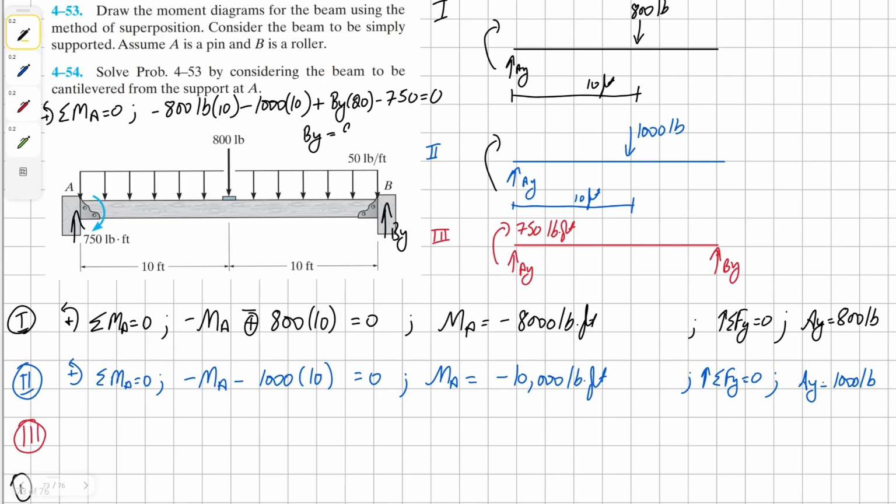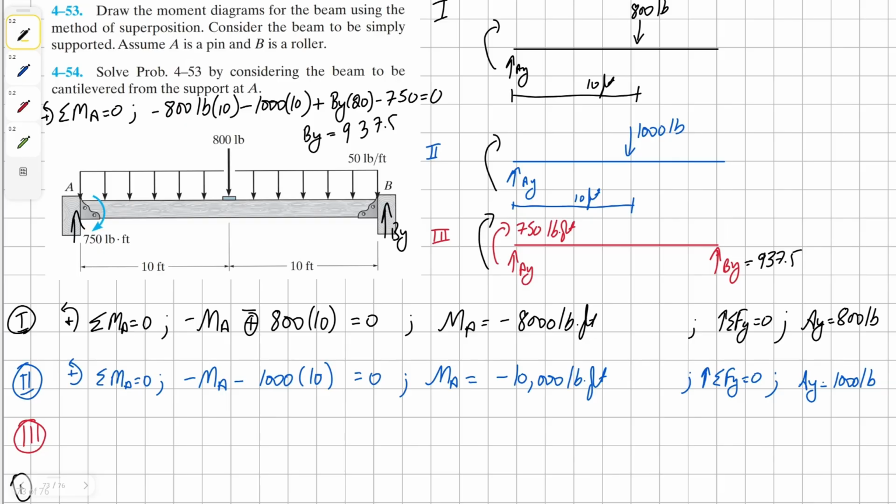And plus, or take away, our 750 pound moment, all equals 0. And solving for By, we get our solution as 3937.5 pounds. So that's the value we will need to use.